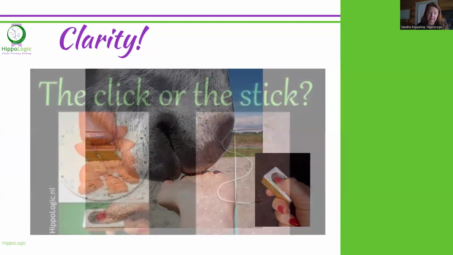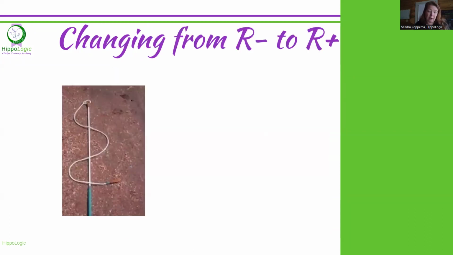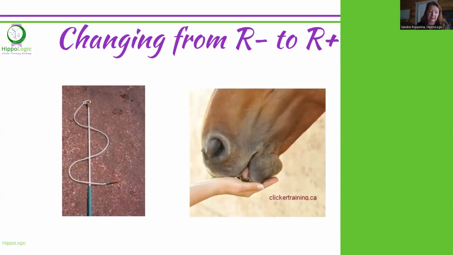When your horse is insecure if he will get the carrot or the stick for his choice, he might even become aggressive. When you change from negative reinforcement to positive reinforcement in training, your horse can also get insecure at first, because first he needs to learn that he can trust you and that something good will happen for offering behavior.